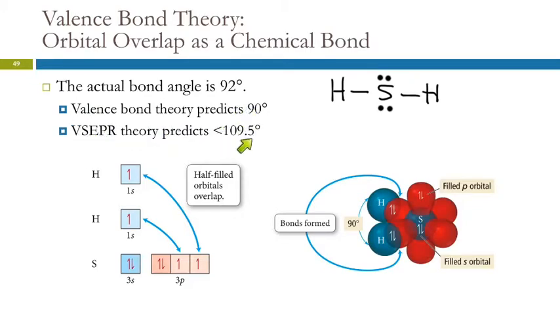VSEPR theory predicts that it's less than 109.5, because when we look at this, we see four groups. We see a tetrahedral electron geometry. Two of those are lone pairs. And so VSEPR theory says this is a bent molecule. And because of the lone pairs, the angles are less than 109.5.